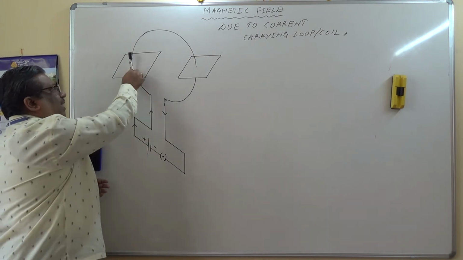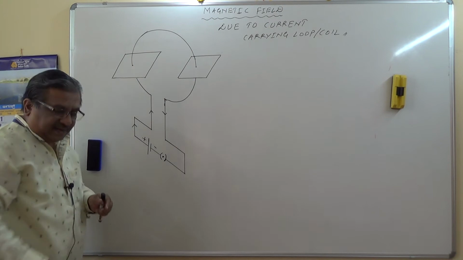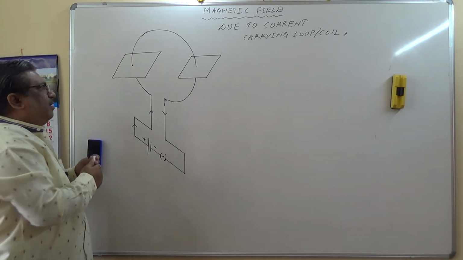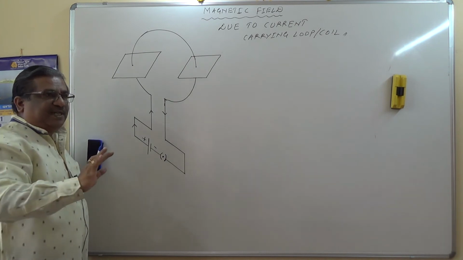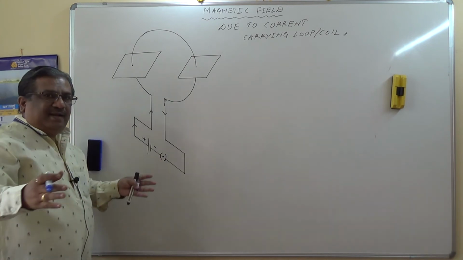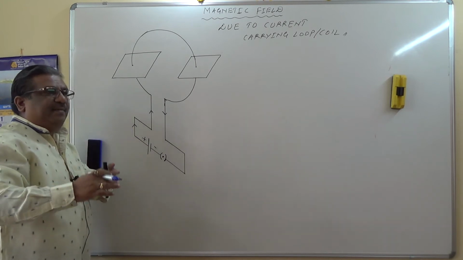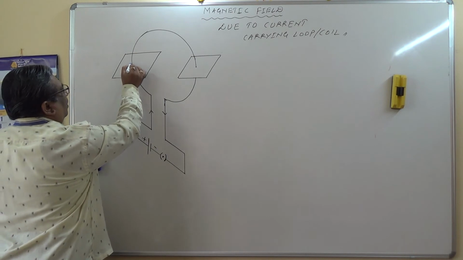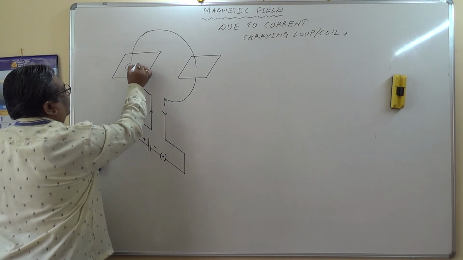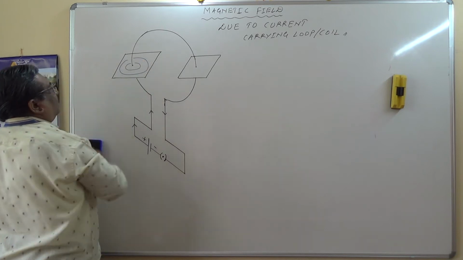So let me draw the concentric circles. Two lines I'll represent over here, but there are many magnetic field lines. For our understanding of the direction, I am considering only two field lines. One is this way and another is this way.